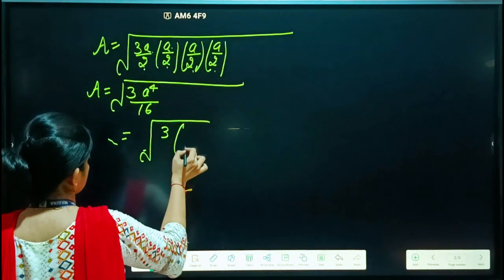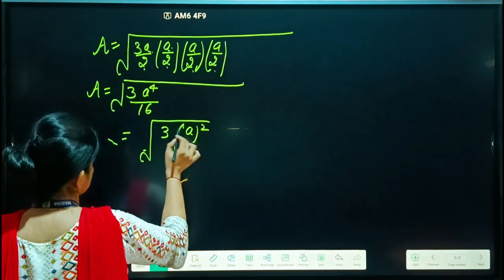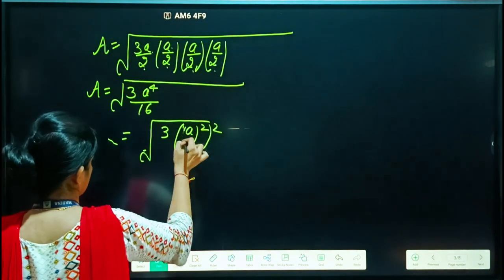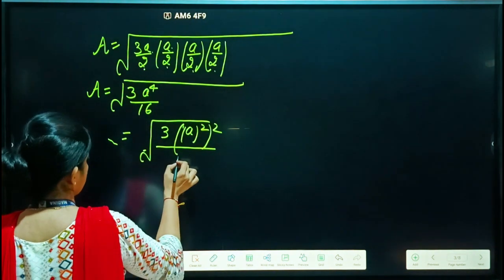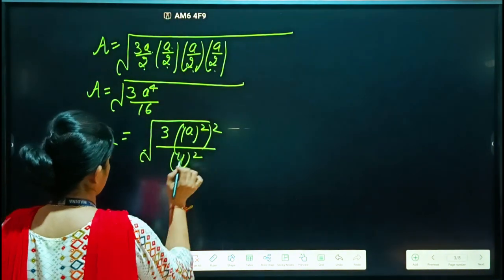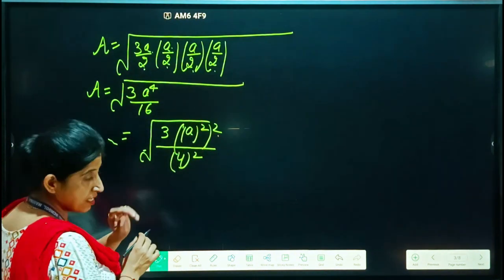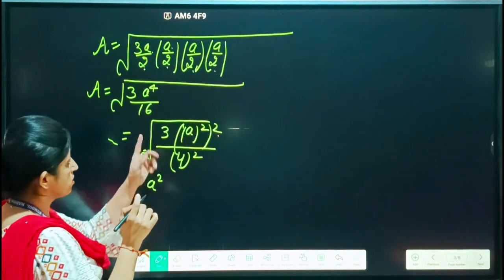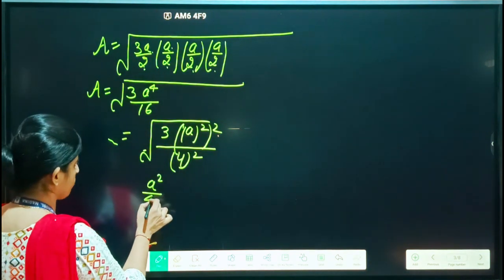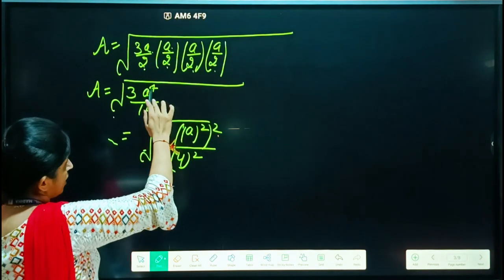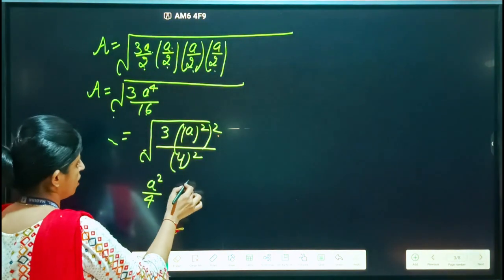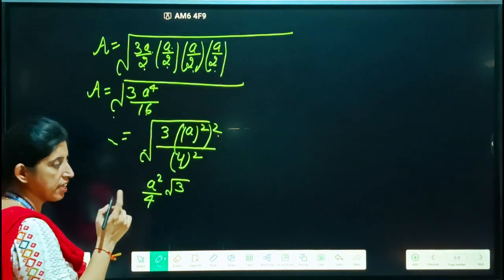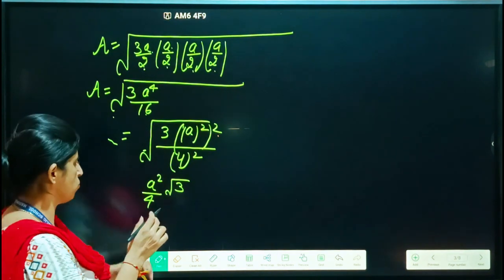We can write a square whole square, right? By 16 we can write 4 square. Okay? Square and root will cancel, so a square will come out, and 4 square and root will cancel, 4 will come out because the square root of 16 is 4, and the square root of a raised to the power 4 is a square, and root 3 will remain as it is in the square root.